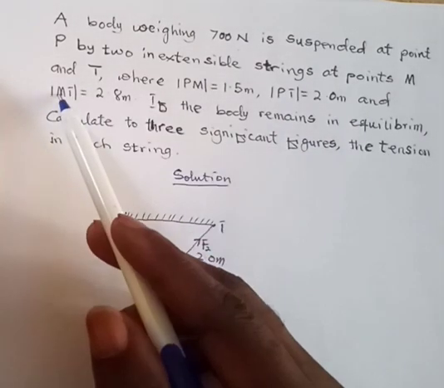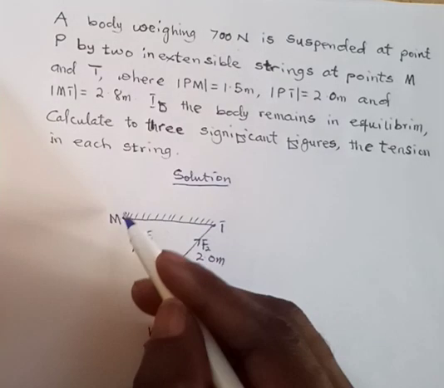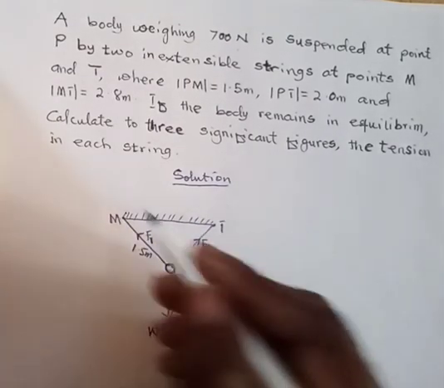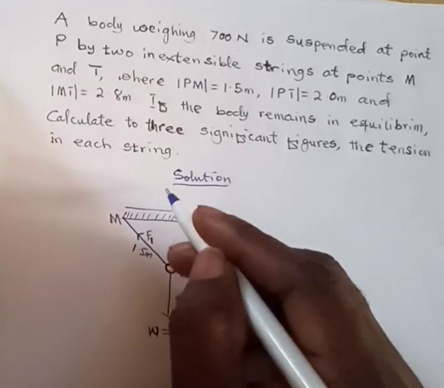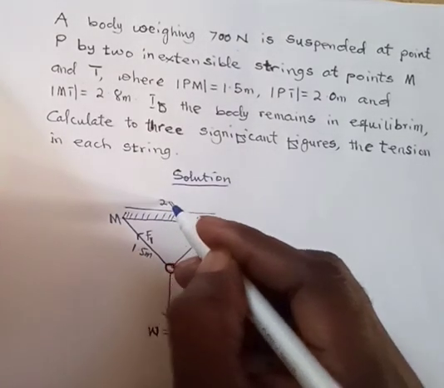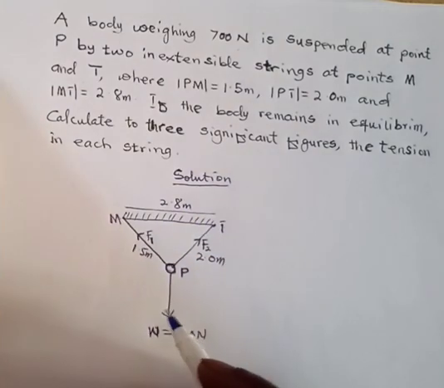And again, MT is also given, so from M to T is 2.8 meters. So for such a question, we have been able to do this sketch.